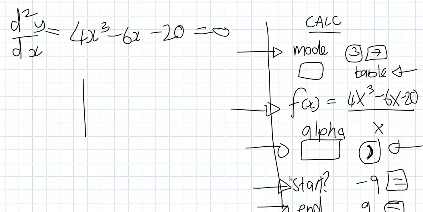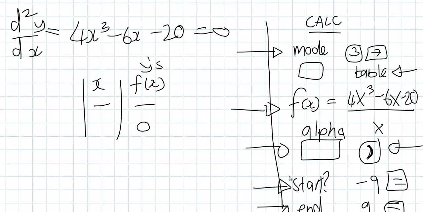And you end up with a column of x and f of x with some sort of values here and some sort of values here. So these are your x's and these are your y's. Okay, so we want where y is 0 for it to be a factor. So you scroll down, and I get that where x is 2, y is 0.